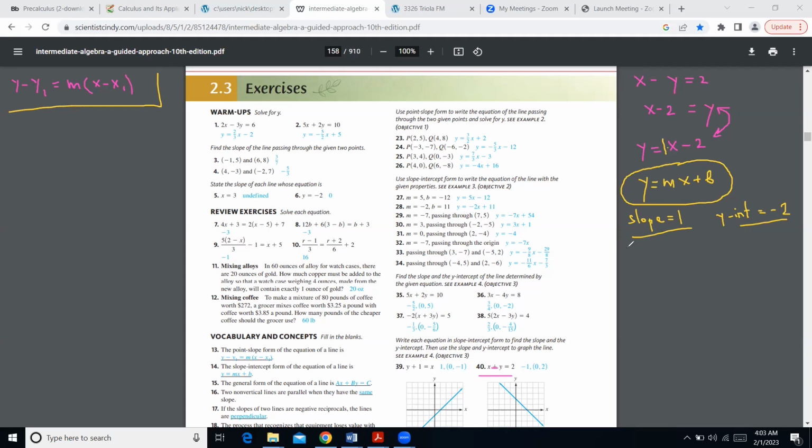It turns out that the more popular one is the equation in the upper left corner. For example, if you're trying to create an equation of a line in exercise, let's say, number 29.